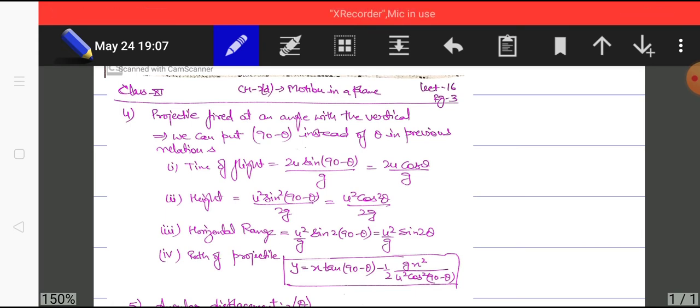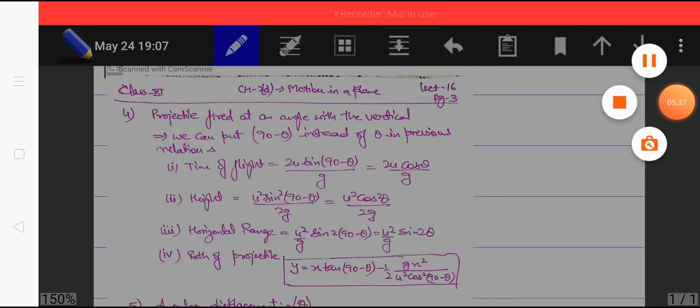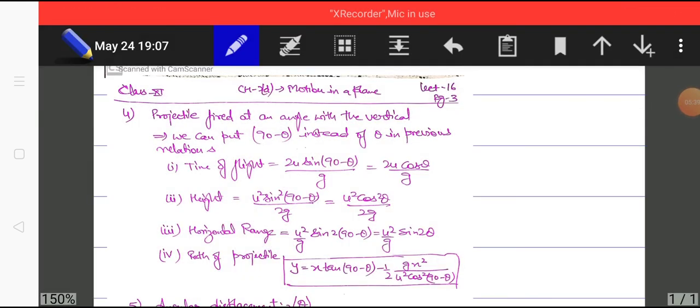So if we are to calculate the equations for a projectile projected at a vertical angle, we can simply put the value of theta, which is given with the vertical, in the formulae we have derived for horizontal, with a small change by putting 90 minus theta in place of theta, and those formulae will give me the relations for a projectile fired at an angle of theta with the vertical.